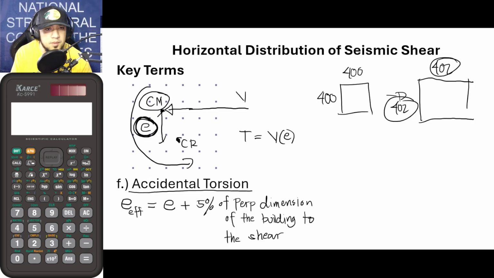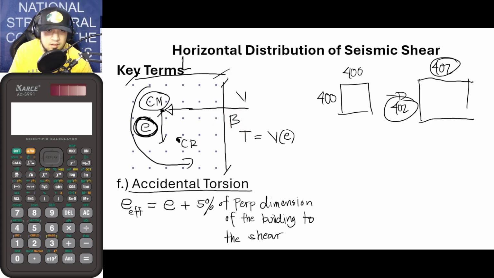So in this example here, guys, suppose that this is dimension B, and let's say that this is now dimension L. Since the story shear would be acting upon this direction, the perpendicular distance of the building in relation with this force is B. So from that, we would now be getting 5% of B. Okay?